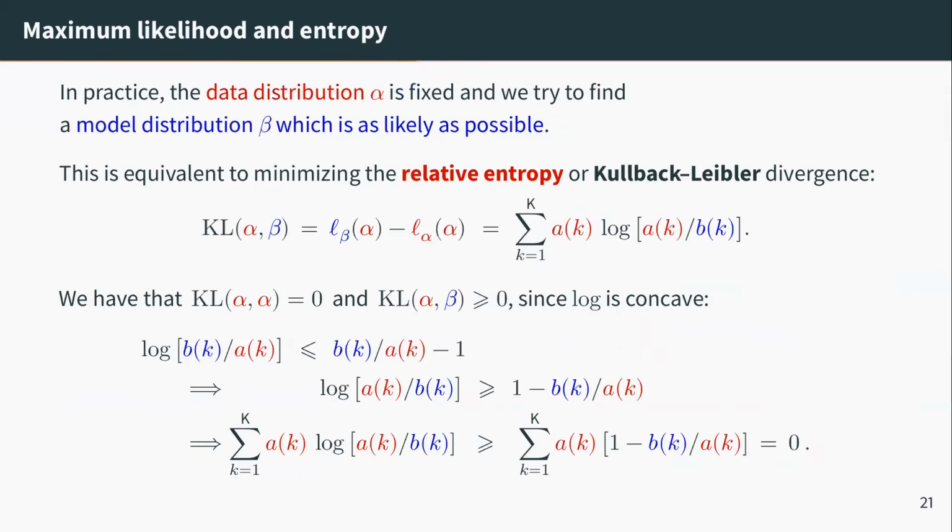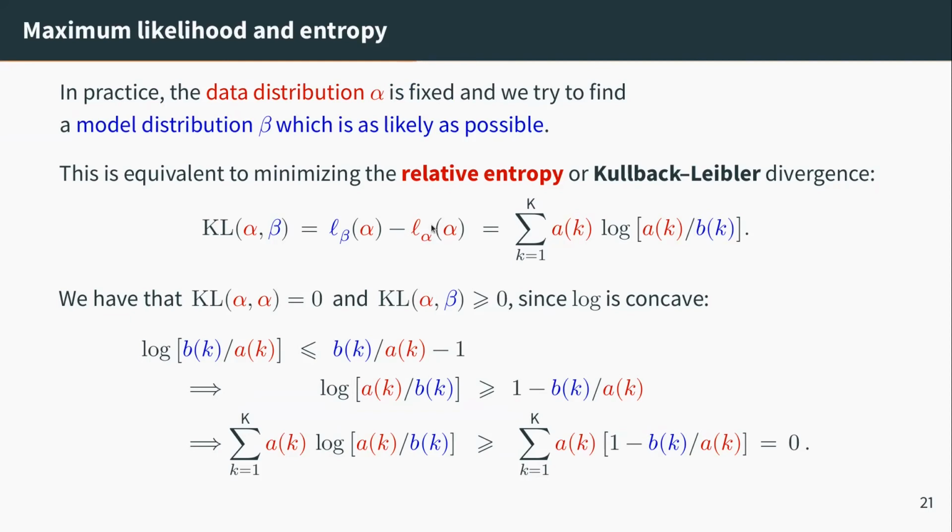Now, in practice, usually your data distribution alpha is fixed. That's your data set. And what we're really trying to do is to find a model distribution beta, in a given parametric family of functions, which is as likely as possible and explains the data as well as possible. So we want to minimize with respect to beta, L beta of alpha. So, to have neat formulas, we can decide to add a constant term with respect to beta, which is L alpha of alpha.